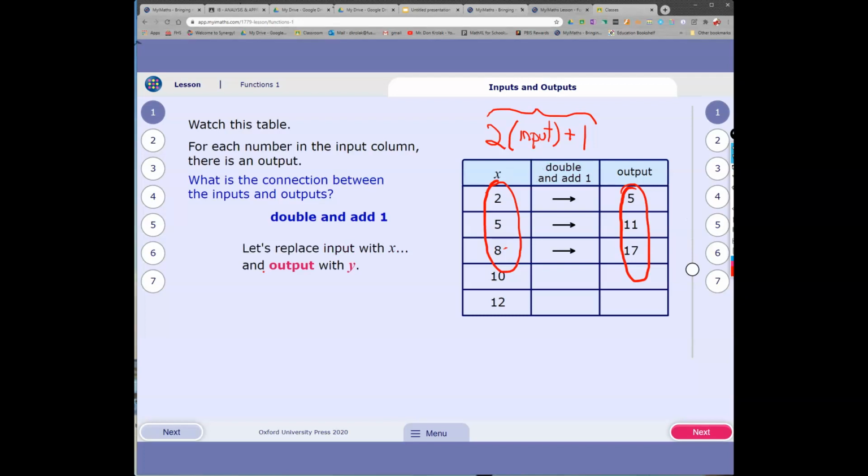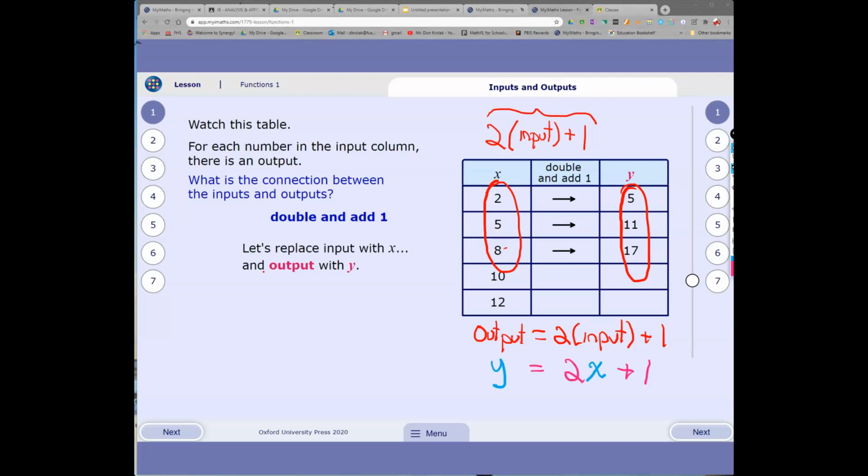All right, now if we take out the words input and output and replace them with x and y, this equation up here, so it used to be the output was equal to 2 times the input plus 1. Now if we replace those, okay, we're replacing the word output with a y, and we're replacing the word input with an x, then we get ourselves an equation.